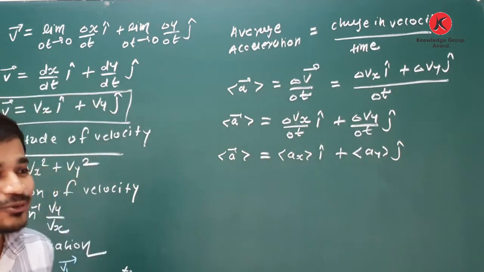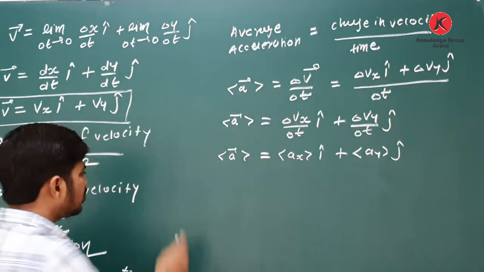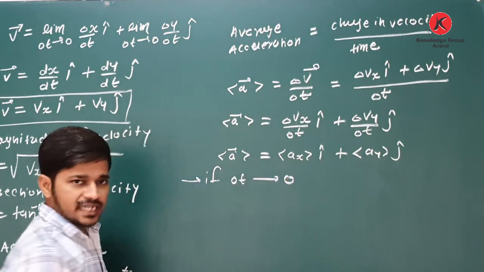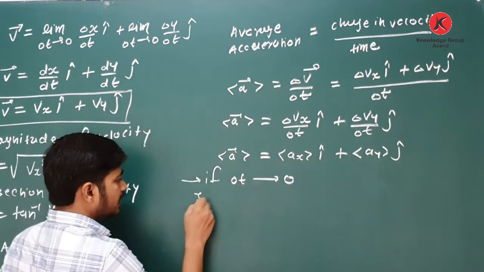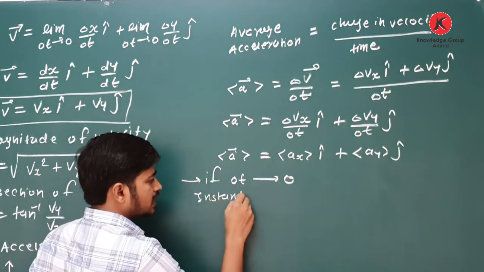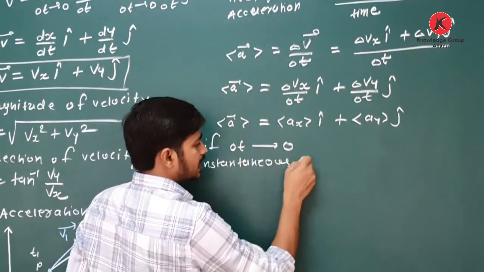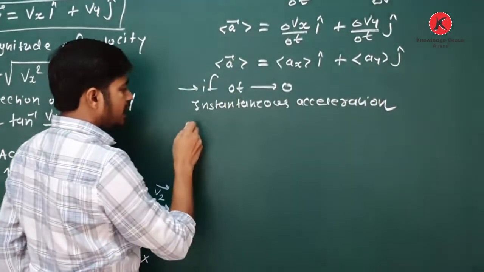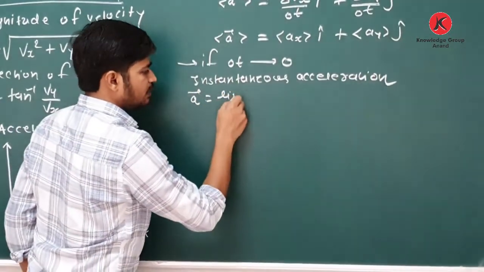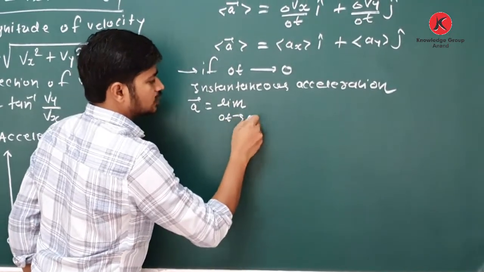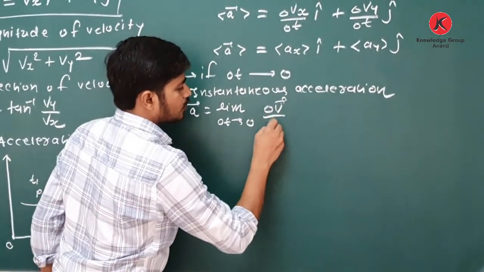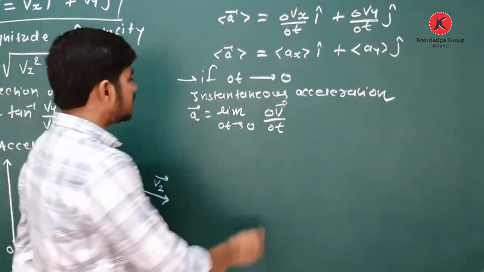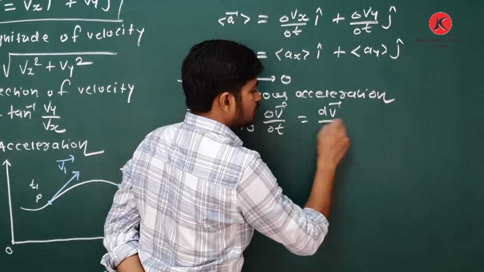And now how to convert to instantaneous acceleration? You know, if delta t tends to 0, then instantaneous acceleration a is equal to the limit as delta t tends to 0 of delta v upon delta t, and I can write this as dv upon dt.